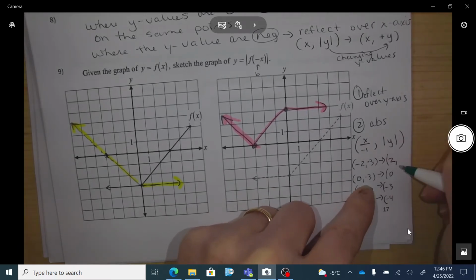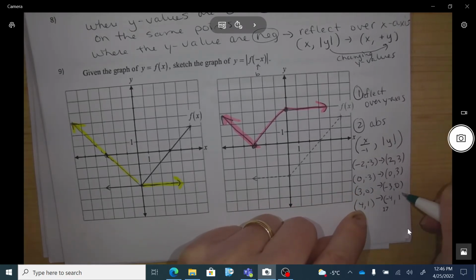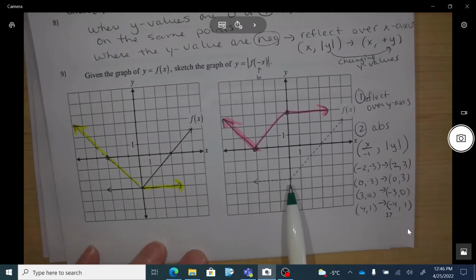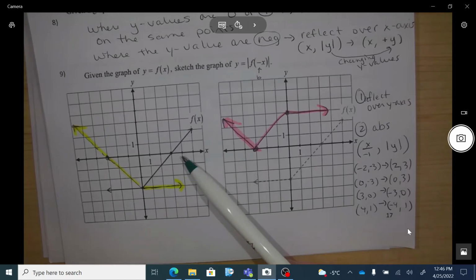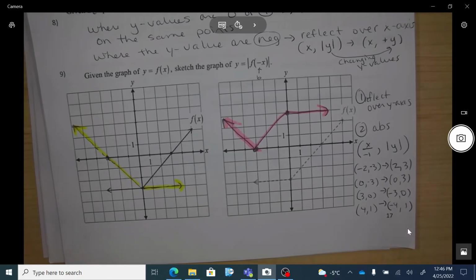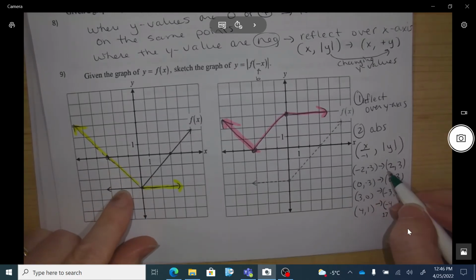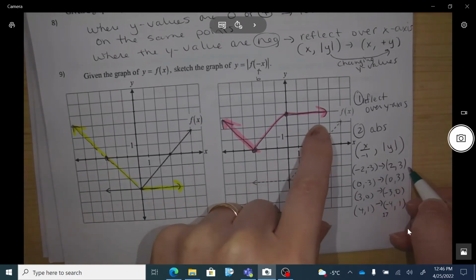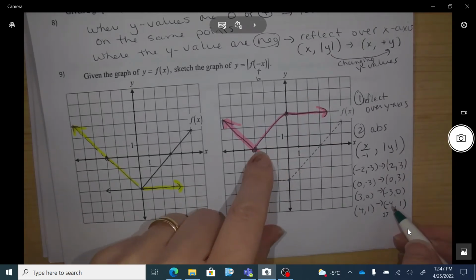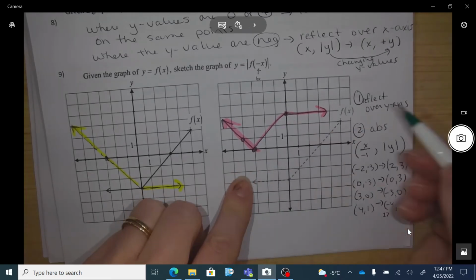And then this negative would turn into +3, +3, stay at 0, stay at 1. Hold on here, something doesn't add up. What did I do wrong here? -2, comma, -3 ended up at 2, 3. Oh yeah, -4. Yep, that worked, sorry. Yeah, those are good.